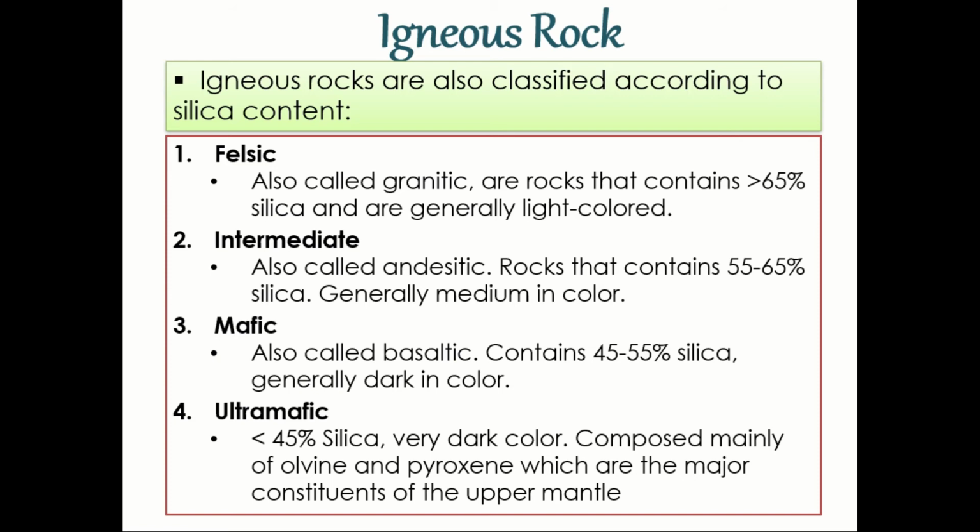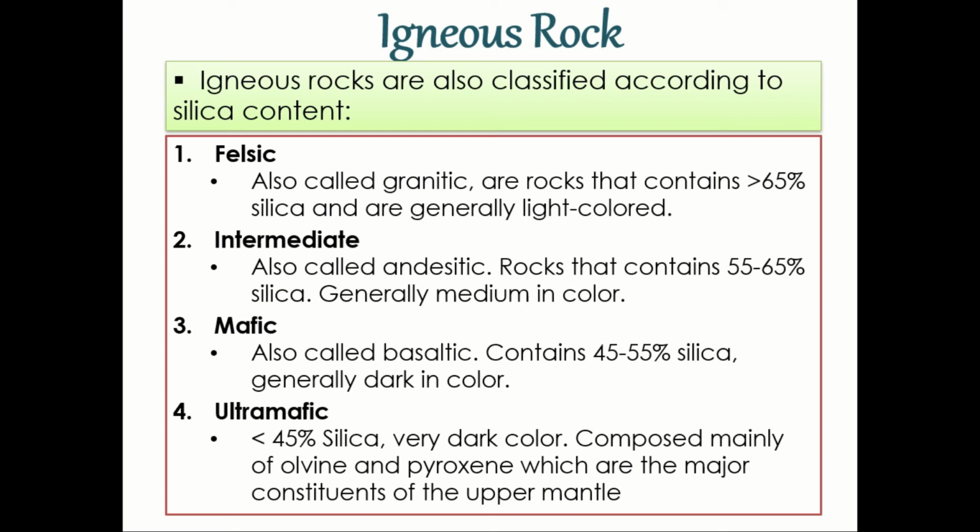Igneous rocks are also classified according to the silica content. As I said way back in our chemical composition, if you still remember, silica content is very high in our minerals. 90% of the rock-forming minerals have silica content. First, we have felsic, also called granitic. These are rocks that contain greater than 65% silica and are generally light colored.